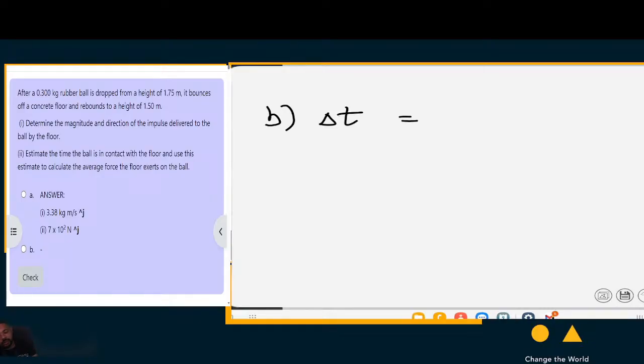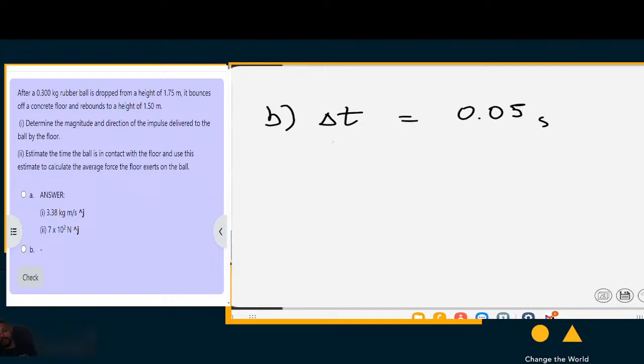My estimate for delta t, let's say 0.05. The reason why I am guessing this particular number is that I have seen the answers beforehand. I actually did this same problem last year, so I know it should be around here, 0.05.